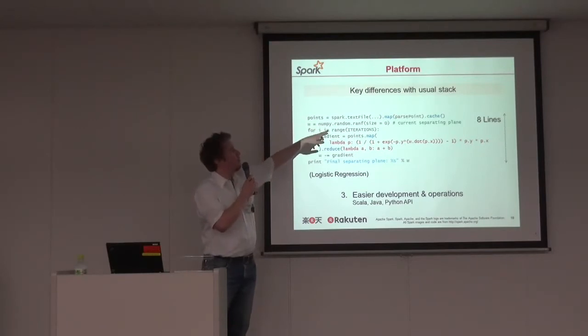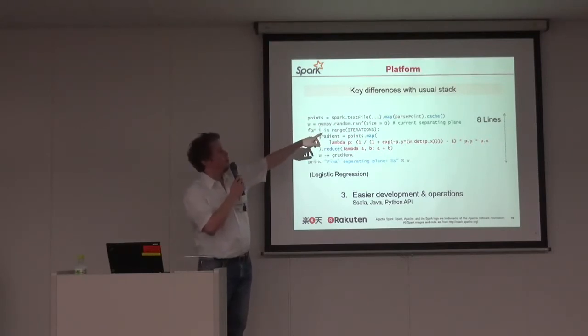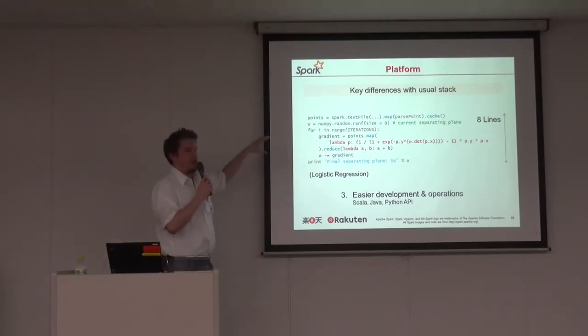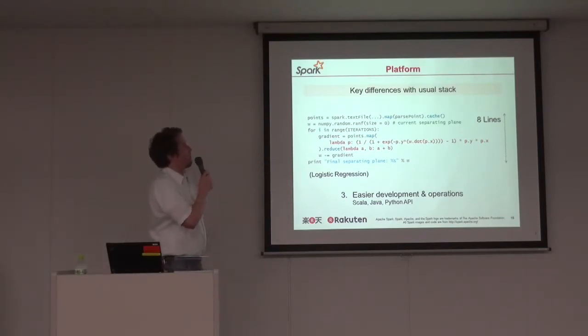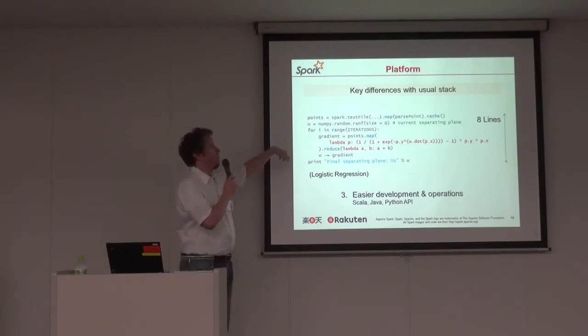And yeah, if you want to bear with me, you would read from a text file. So for example, you map your points with some function that is defined within your environment, to which you talk to Spark. Every time you define a function or something, it's shipped to the nodes directly. Cache that in memory, and then for the number of iterations that you want, you define your hyperplane.